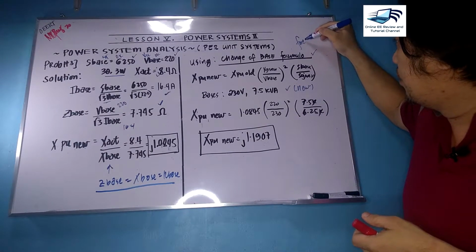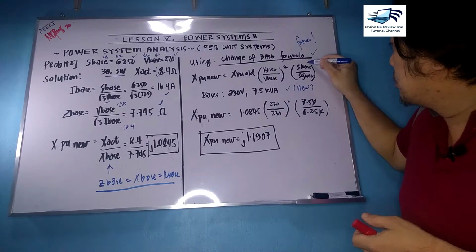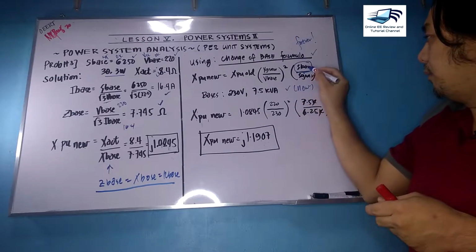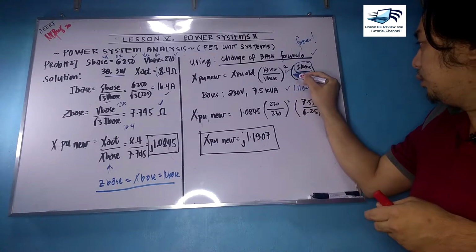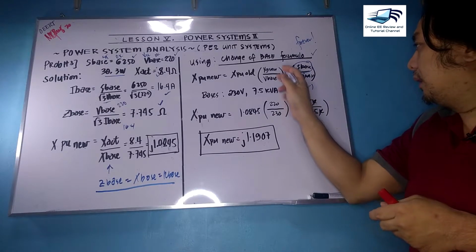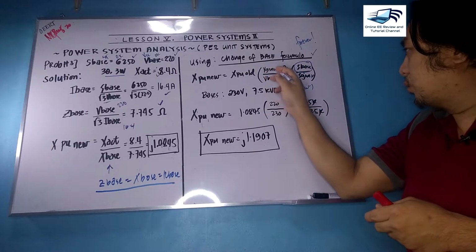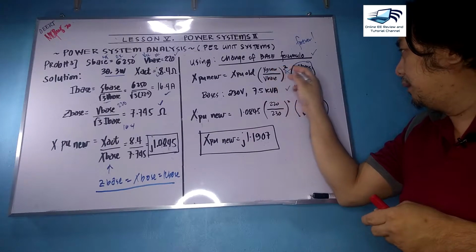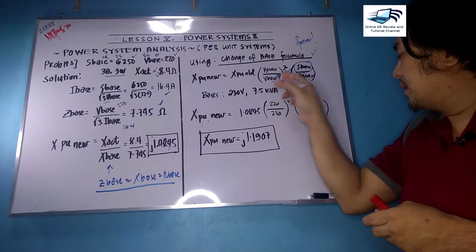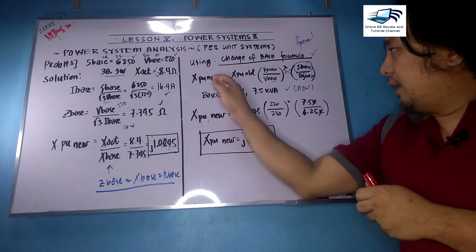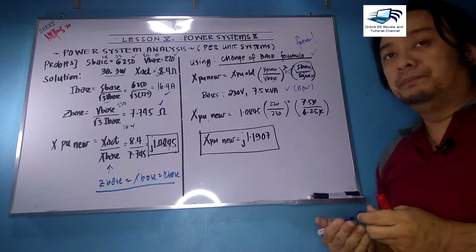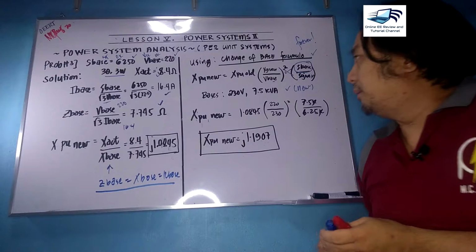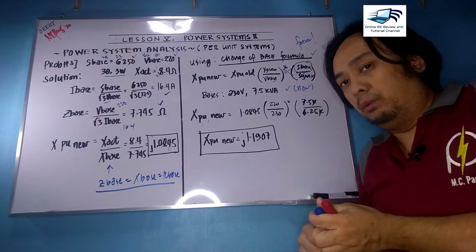The formula is S base divided by S given, then you cross multiply so that you get V given squared, over S base and V base at the denominator part, and then X new equals X old. So that's the technique in memorizing this formula. Very basic formula and very powerful as well.